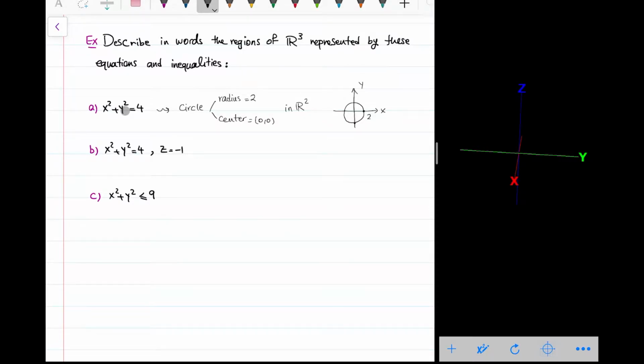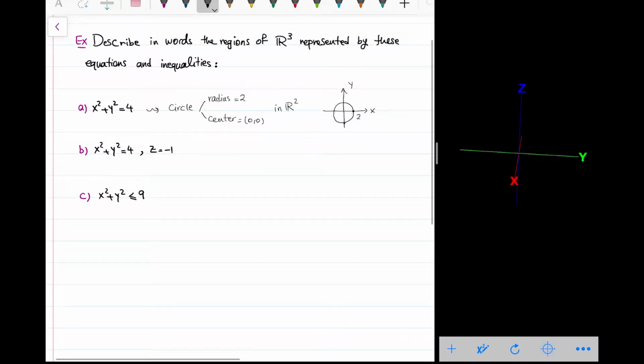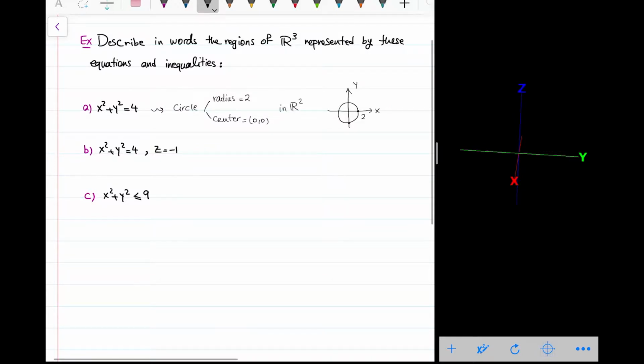It means that we can have all the points on this circle, but the third coordinate can be any number, from negative infinity to positive infinity. So it would be a cylinder in R3.